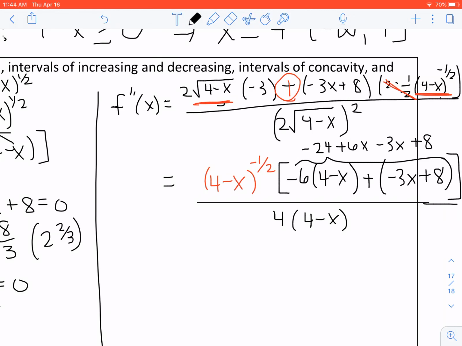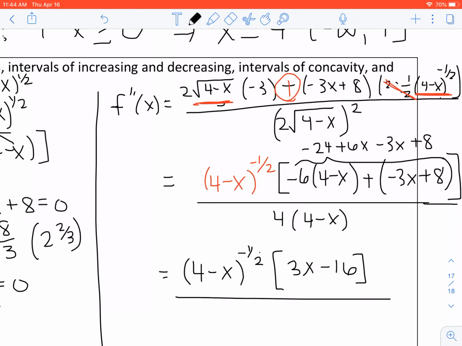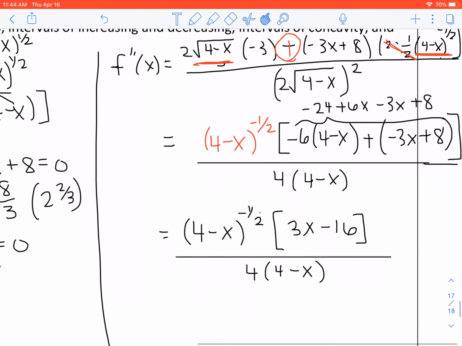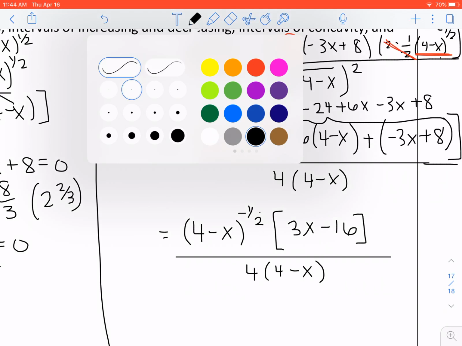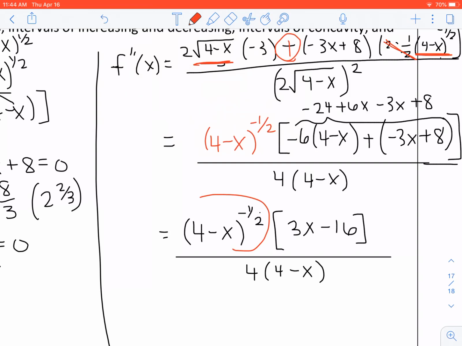So cleaning that up, we have 4 minus x to the negative 1/2 times, and then this is going to simplify to, we have 6x minus 3x, which would be 3x, then negative 24 plus 8, which is negative 16, all over 4 times 4 minus x. So still cleaning this up, the negative exponent means that that needs to move to the denominator.